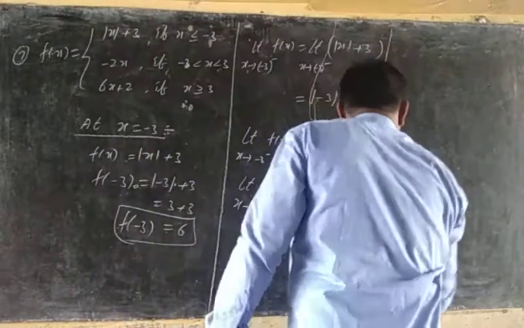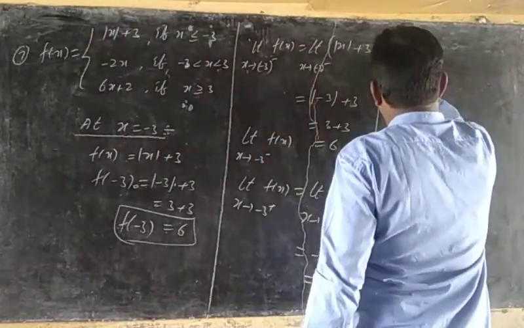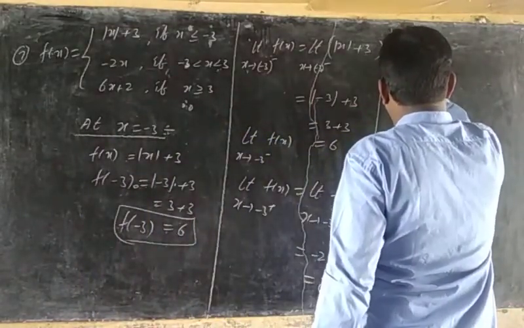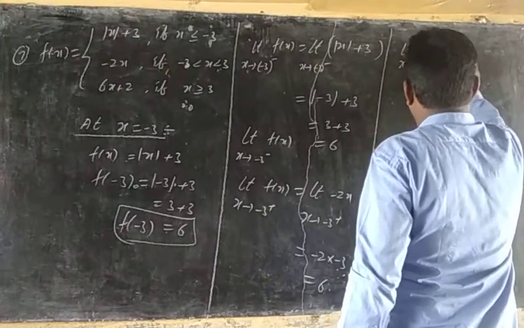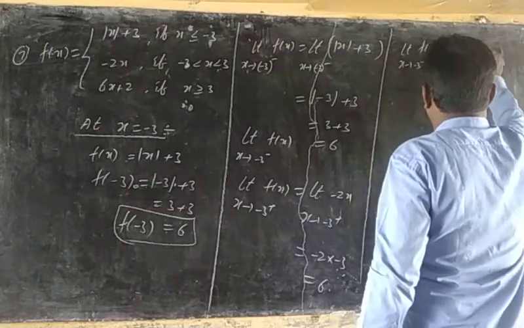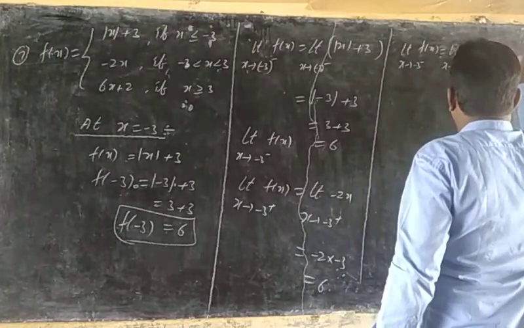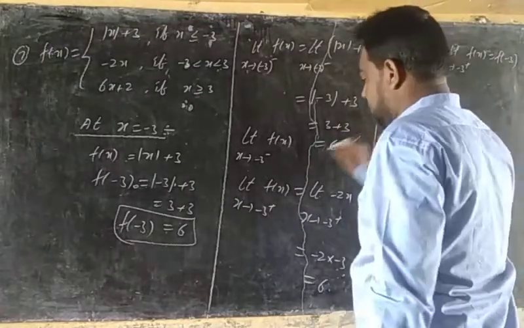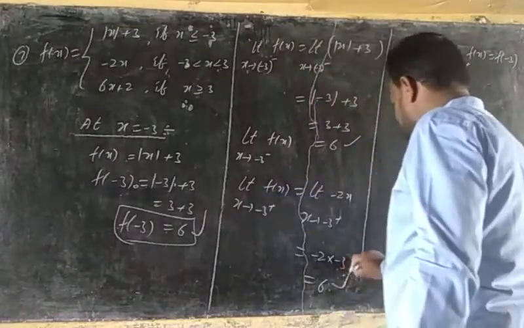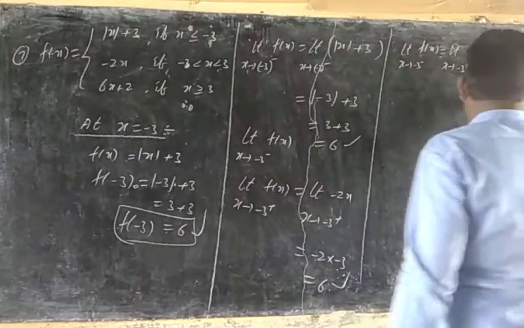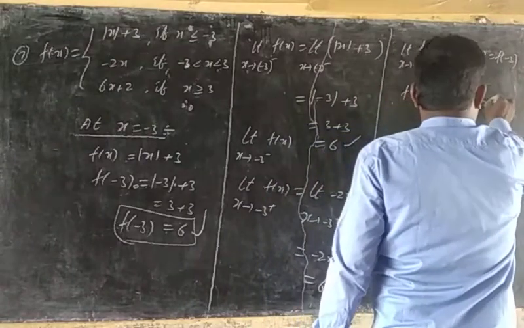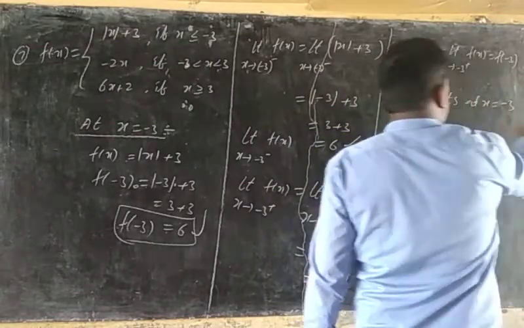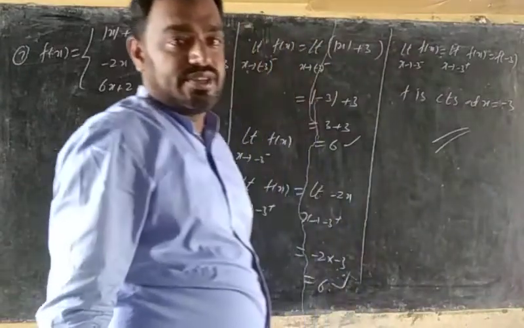Therefore limit x tends to minus 3 minus of f of x is equal to limit x tends to minus 3 plus of f of x is equal to f of minus 3, because all are 6 only, all are equal. Therefore f is continuous at x equals minus 3 is the answer.